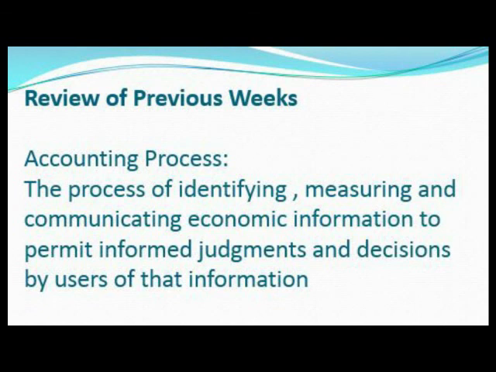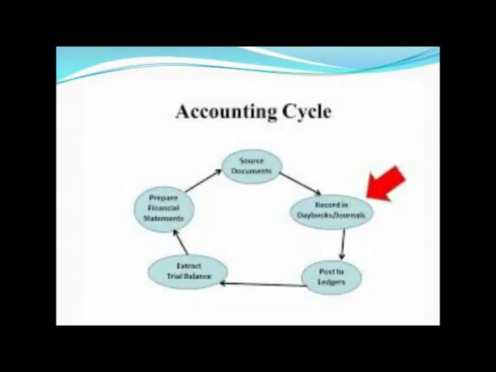The review of the previous lessons. First of all, we discussed the accounting process: the process of identifying, measuring, and communicating economic information to permit informed judgments and decisions by users of that information. Then we discussed the accounting cycle. The accounting cycle starts from the transaction, that is the source document, and it ends on preparation of the financial statements.